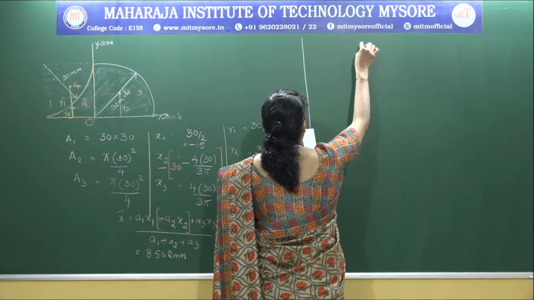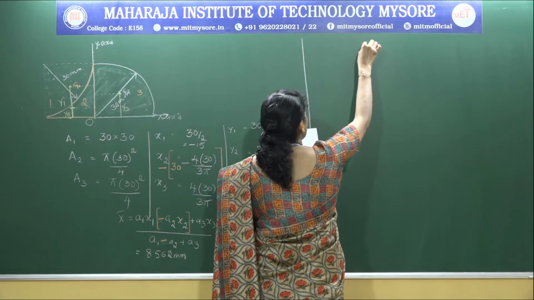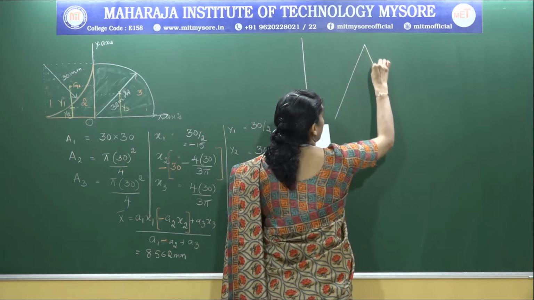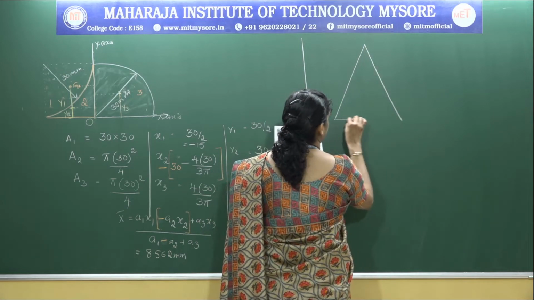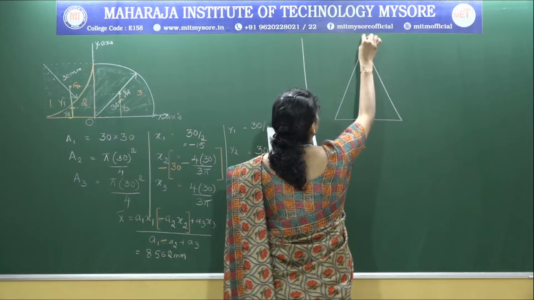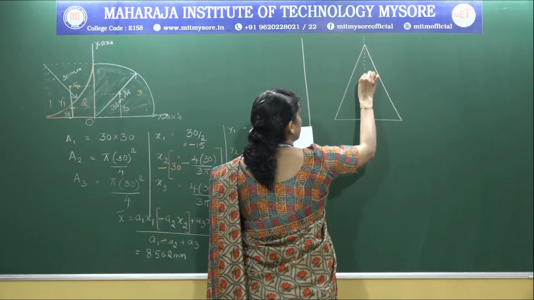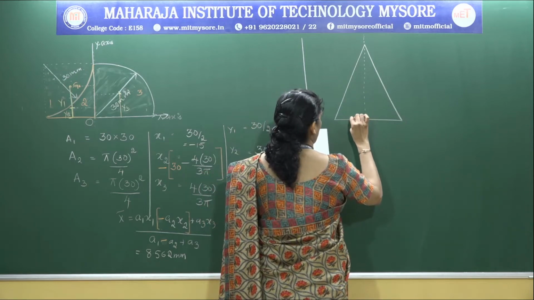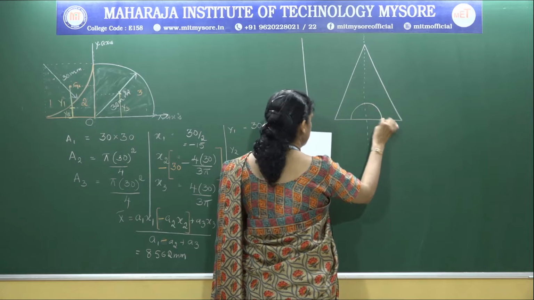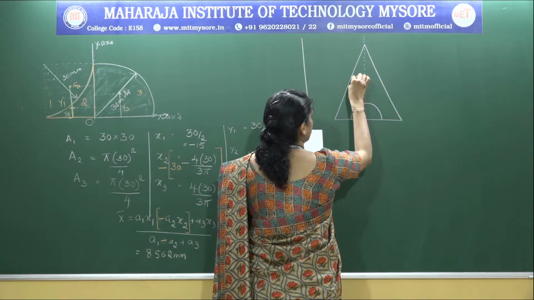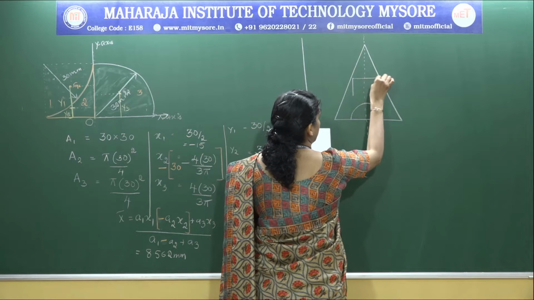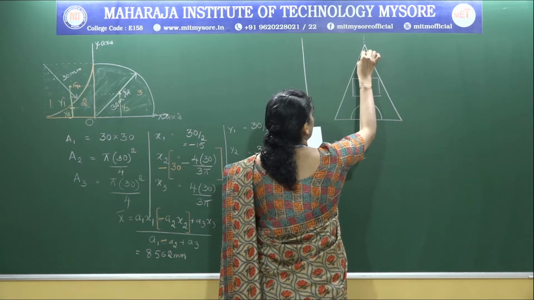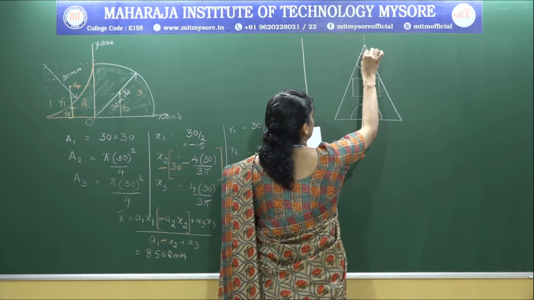Determine the centroid of the shaded area with reference to the apex. A triangle inscribed with a semicircle, a rectangle and a circle.